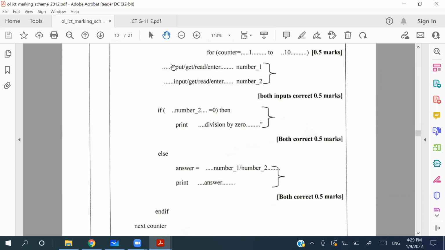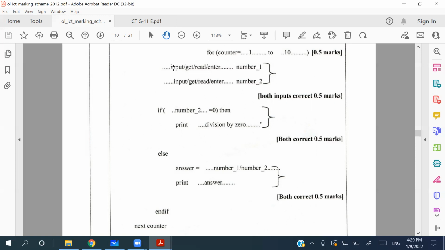And you can use input, get, read, enter, any kind of word. They have used number underscore 2 equals 0. So you can use number underscore 1 equals 0 as well.